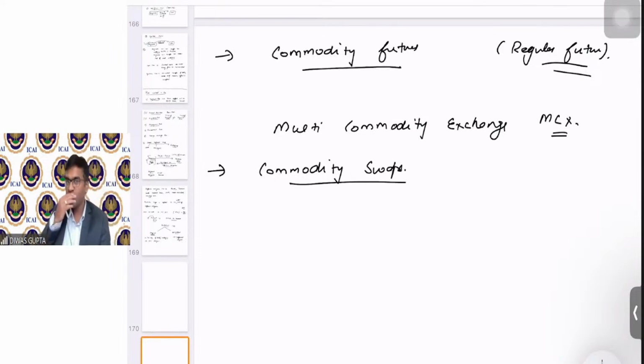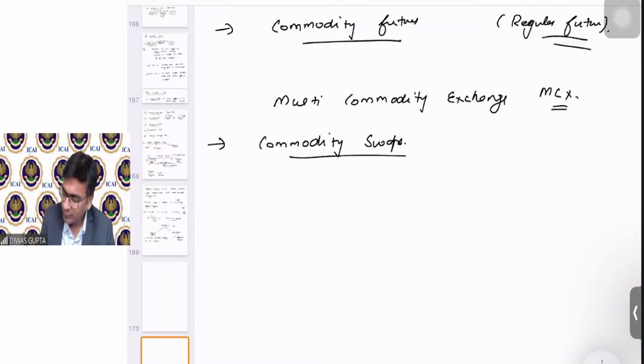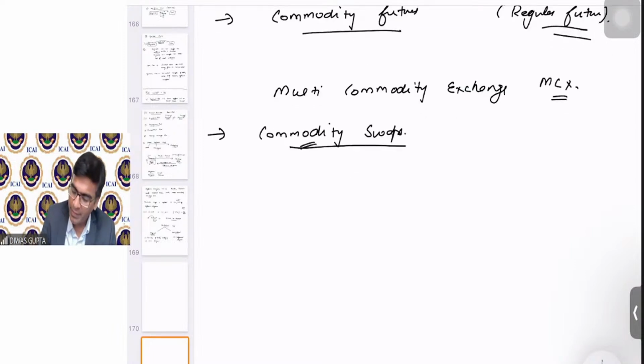In such swaps, the commodity prices keep on changing. For example, the price of cotton. It is like a simple market index, right? The market keeps on changing the price of cotton, or any commodity.